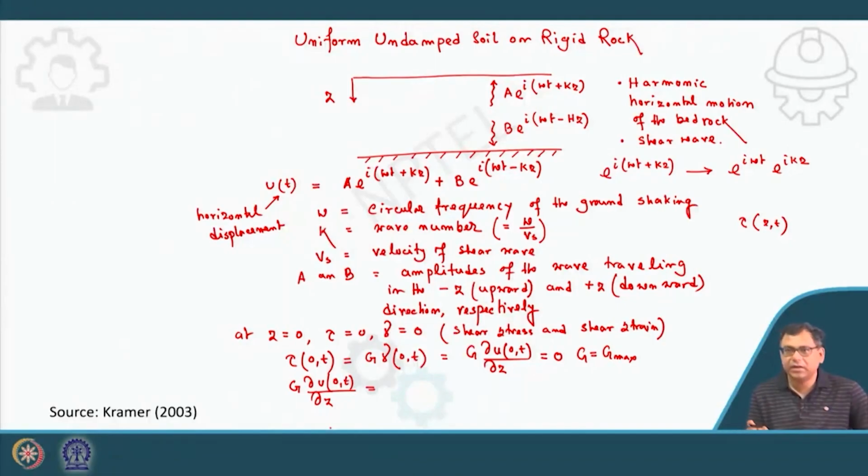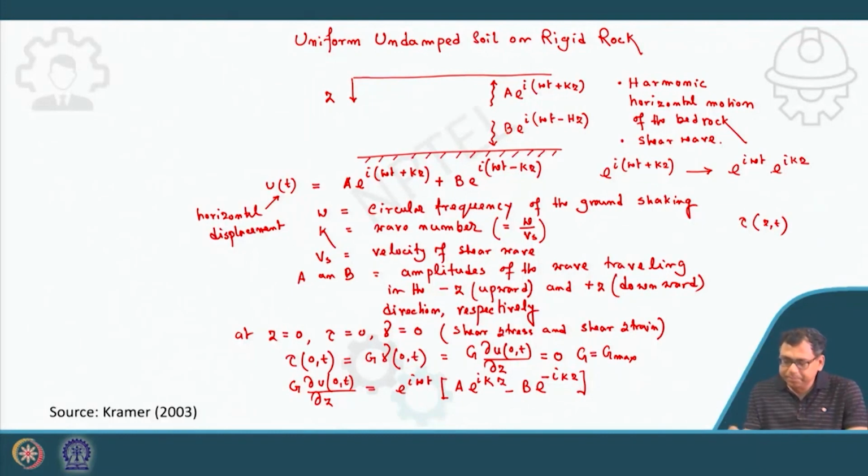So, e to the power i omega t is constant, it is not changing, so I can take it outside. Then inside there will be A e to the power i k z minus B e to the power minus i k z.